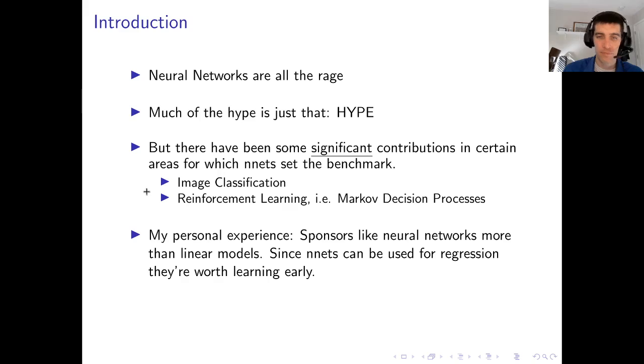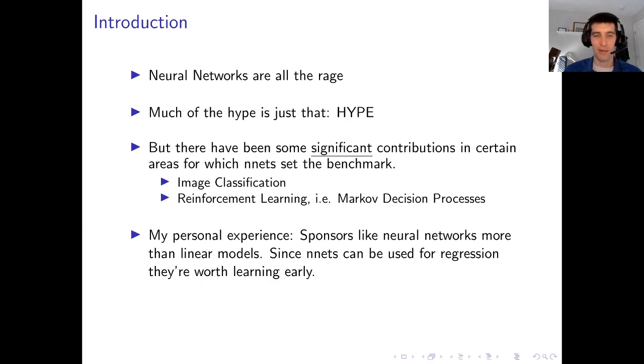In my personal experience, I'll just add this because I have some experience here, sponsors tend to like neural networks more than linear models. I don't know if it's just because people feel like if they're doing machine learning, they're doing something more advanced and can justify spending money on it.